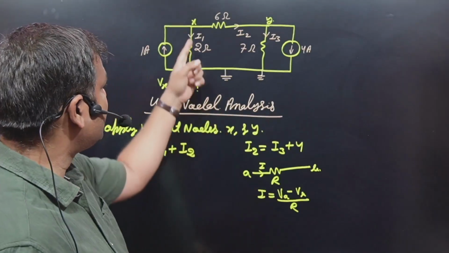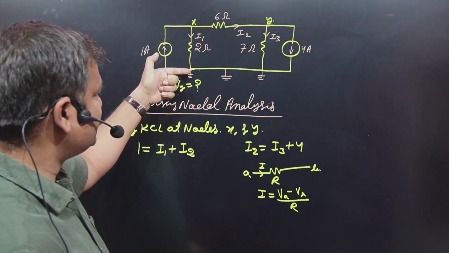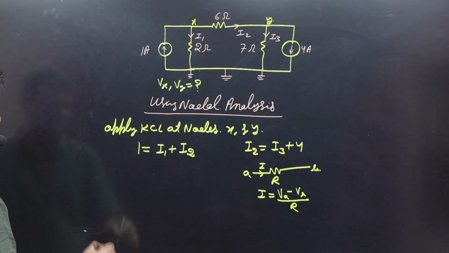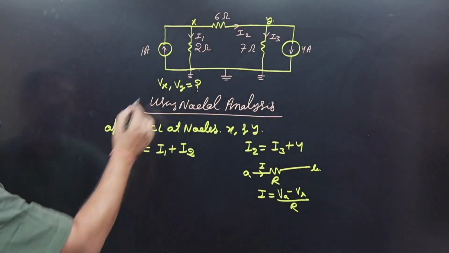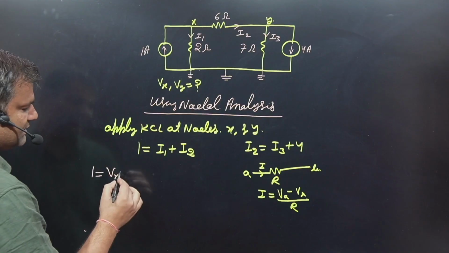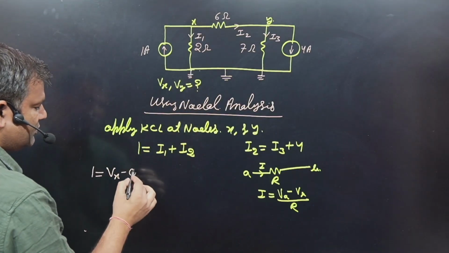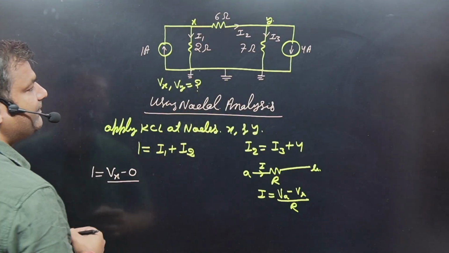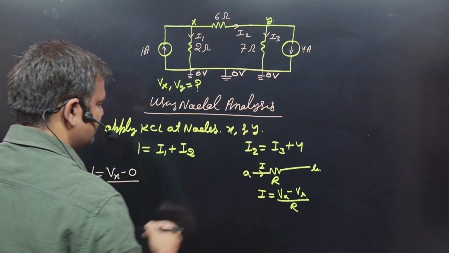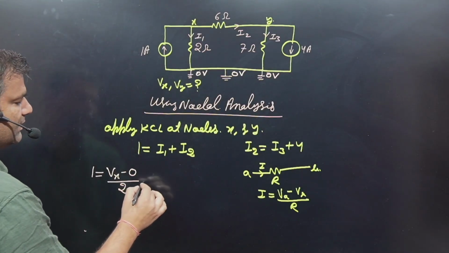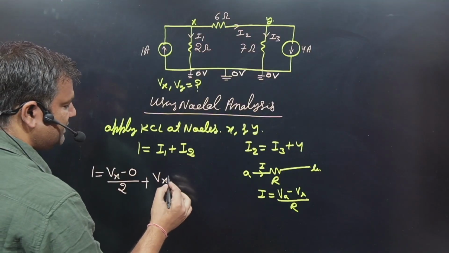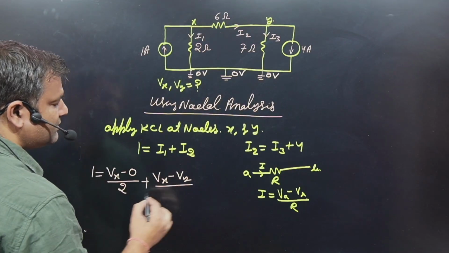So if we apply that concept here, this one is A and this one is B. Now you can write: 1 equals I1, which is Vx minus 0, because it is the reference node, a 0 volt node, divided by 2 ohm, plus I2, which is Vx minus Vy divided by 6.